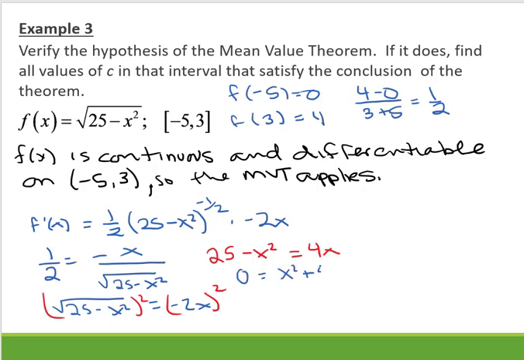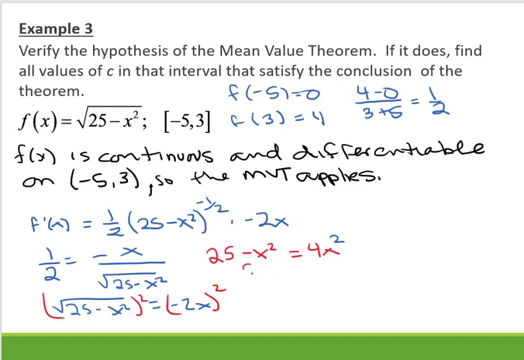I just realized I made a mistake. This should be 4x squared. So I'm going to erase this a little bit and get me my right answers. So I'm going to add an x squared over. So x equals plus or minus root 5.